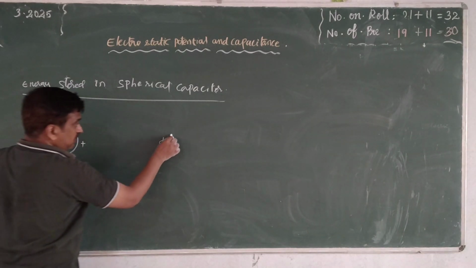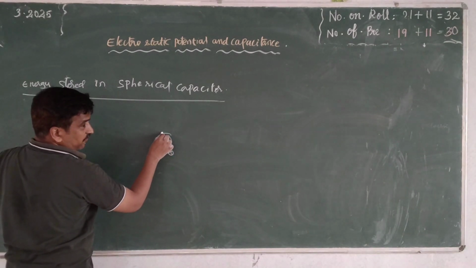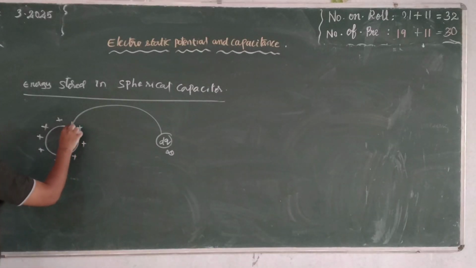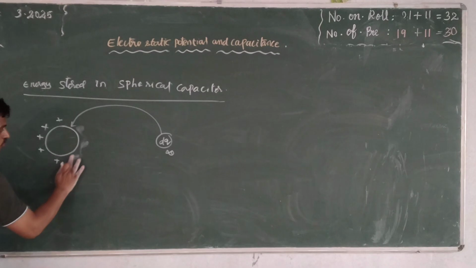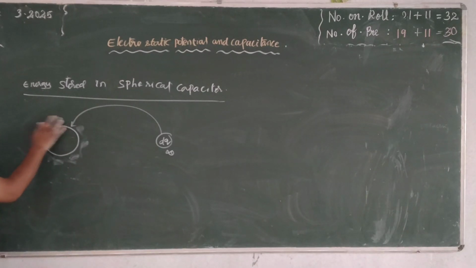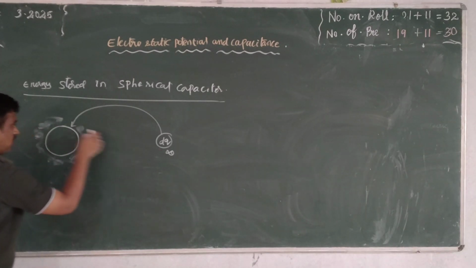For example, this dq is taken from infinity and stored in the spherical capacitor. Initially no charge is there, so no positive charge is there. First we take dq charge and place it here.